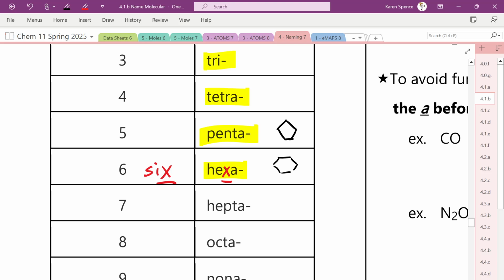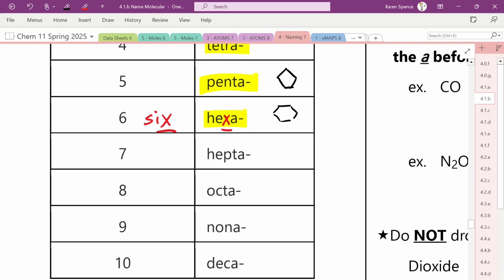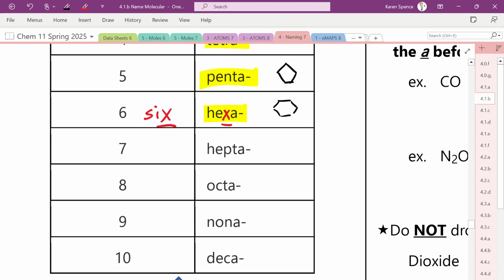I don't know if you've taken French, sept. I know they don't pronounce it that way, but it's hept, not sept. Okay? Who are the little things that swim around under the water and have 8 legs? Octopus. Octa is 8. Nona kind of sounds like 9. And how many years in a decade?